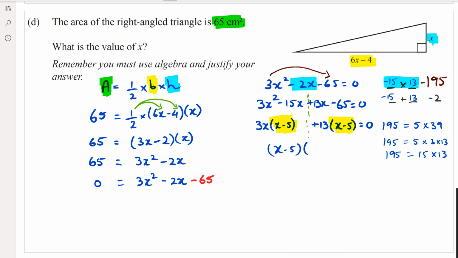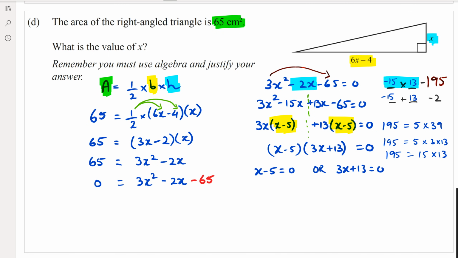What I get is x minus 5 multiplied by 3x plus 13 is equal to 0. So I've factorized it. Now I know one of these brackets has to equal 0. So I've got x minus 5 equals 0, or 3x plus 13 is equal to 0.